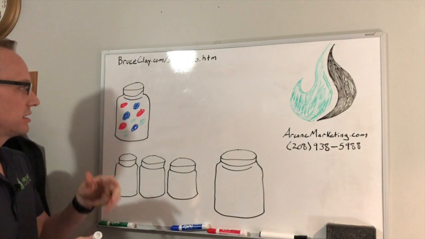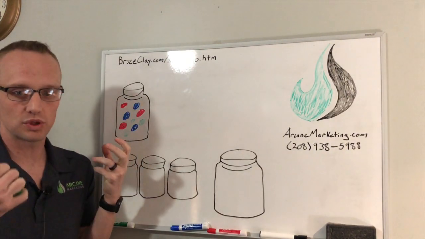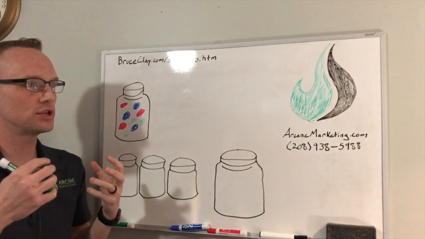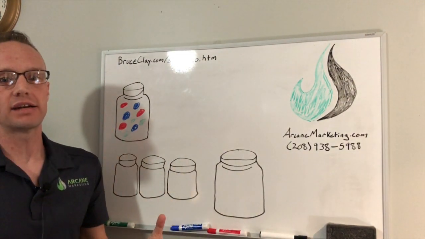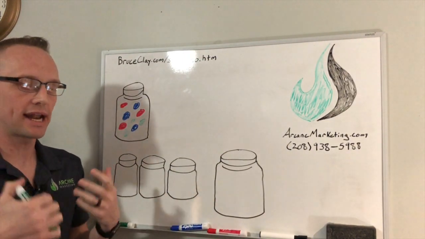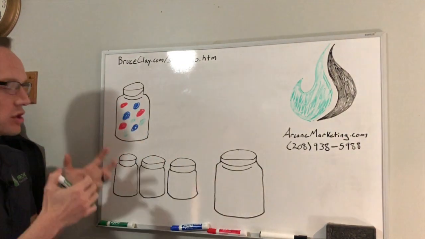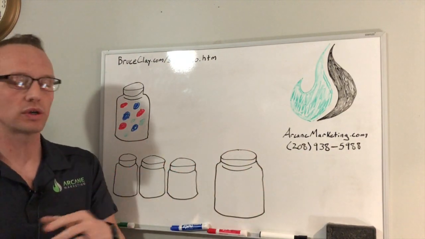If you were to reach your hand in that jar and try to understand what's going on with them all jumbled up like that, it can be hard to figure out what the idea here is, or even if you pull one out, you might not get exactly what you're looking for. So you have to think of how a search engine would look at a website that's all jumbled up, where pages and URLs are just mixed together and categories are mixed together.